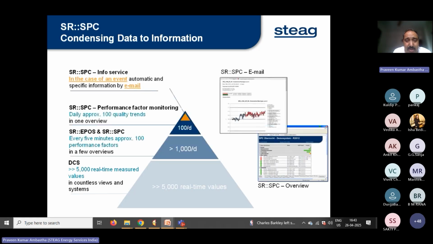So one of the things is that, of course, you cannot monitor, let us suppose, 5,000 data points. But from this technology, we condense the data from 5,000 to 1,000 and then 100, which is very critical. And then we create the KPI, and then we shall give you an alarm with respect to message, email.